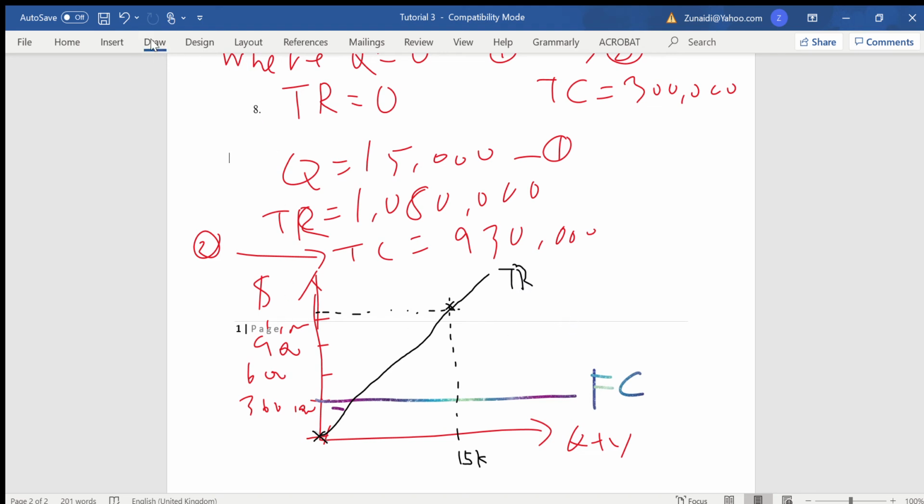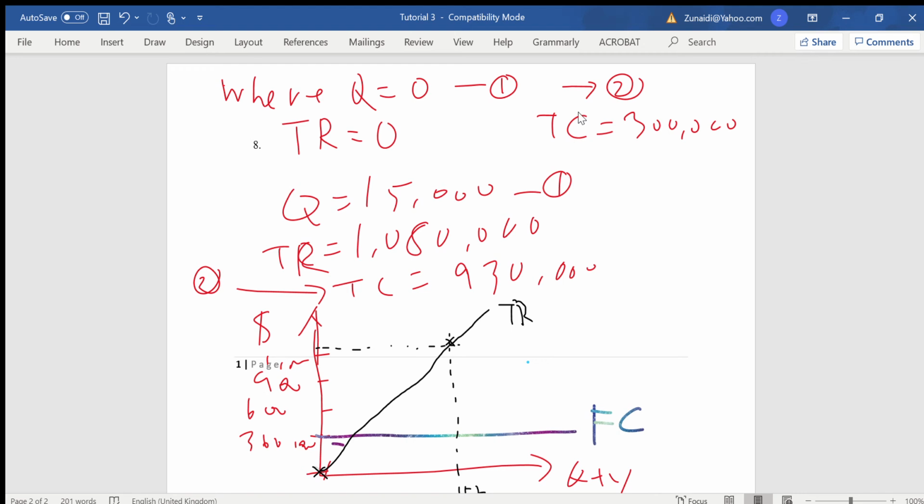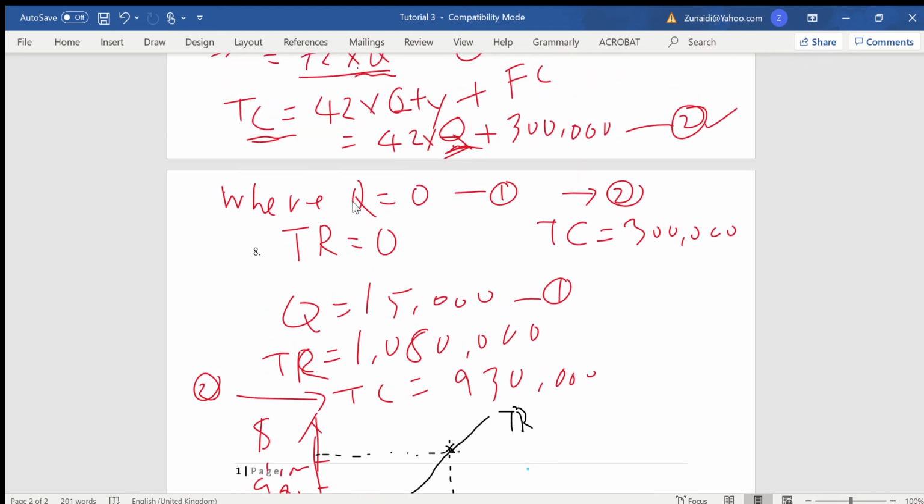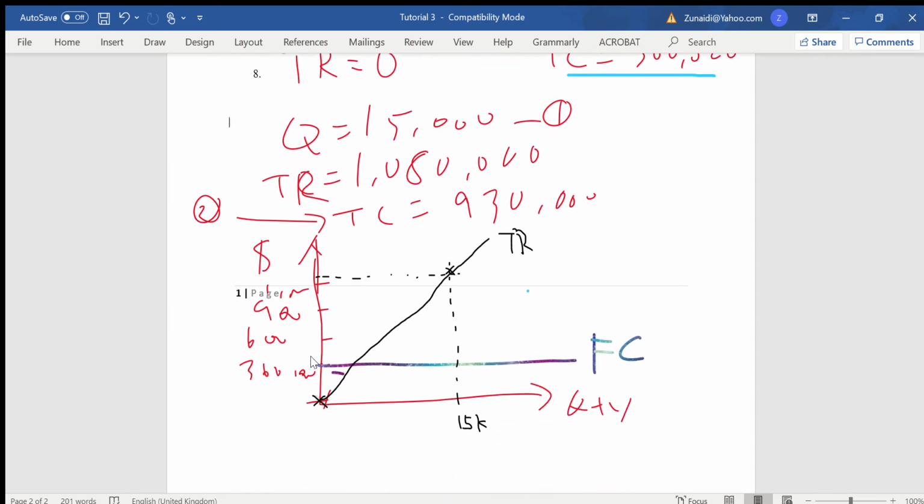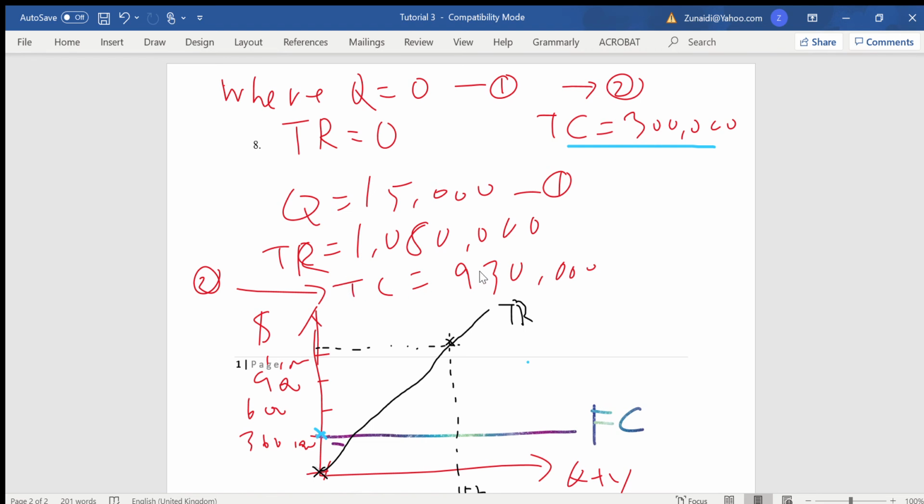And then we use another color for the TC. TC when this one TR Q equals 0, TC equal 300. So here 1 point.